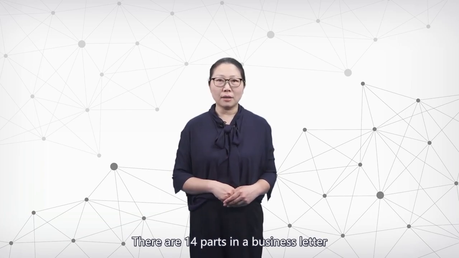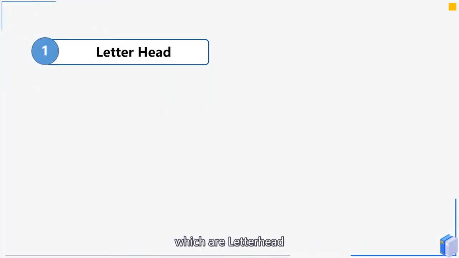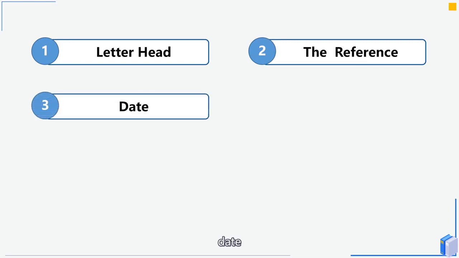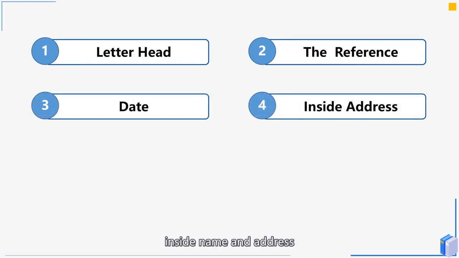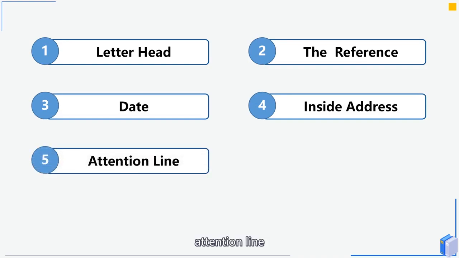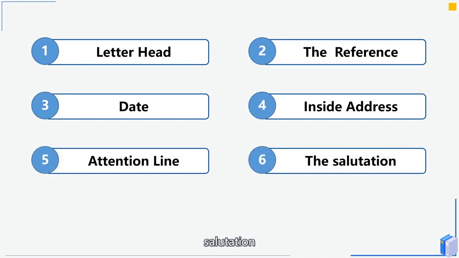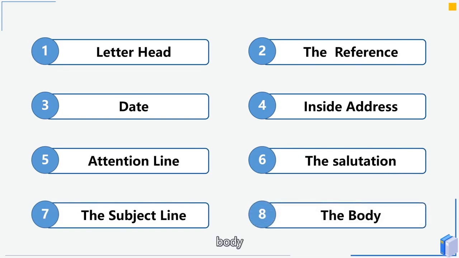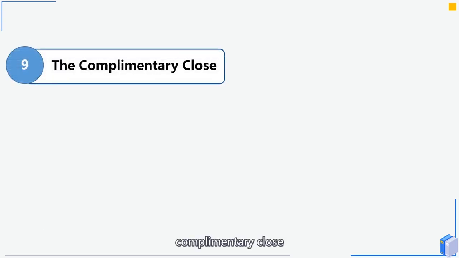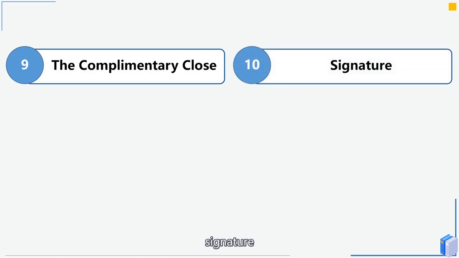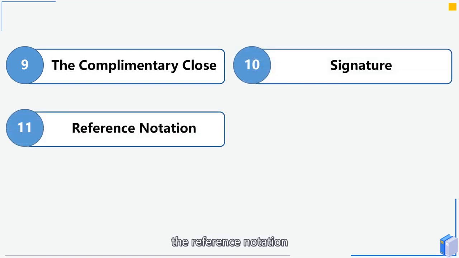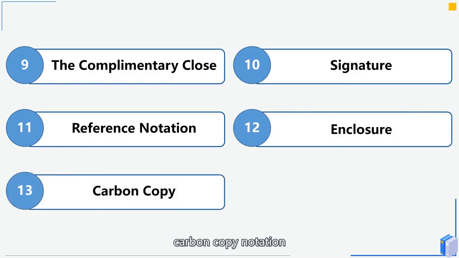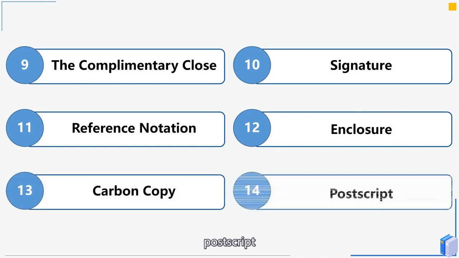There are 14 parts in a business letter, which are: letterhead, reference number, date, inside name and address, attention line, salutation, subject line, body, complimentary clause, signature, the reference notation, enclosure, carbon copy notation, and postscript.